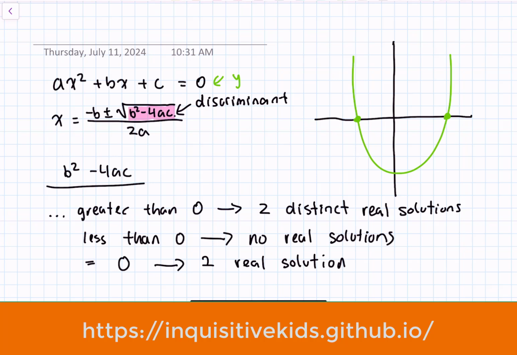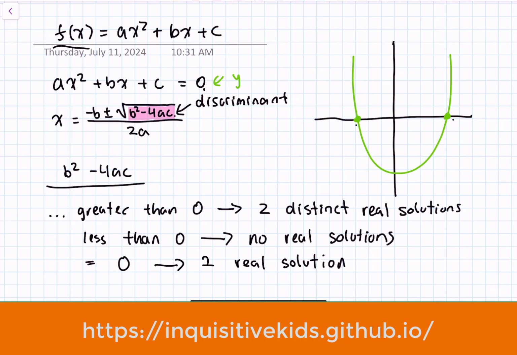Essentially, we're writing f of x is equal to ax squared plus bx plus c, but then we turn this f of x part into 0 to make it into an equation. So if f of x is equal to 0, there are two distinct real solutions.